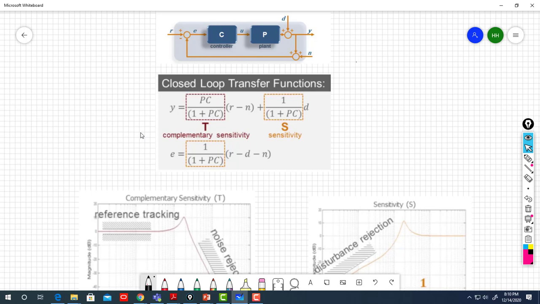So then I have 3 inputs r, d, and n. You have 3 transfer functions, so you add them together. The same methodology, you cancel d and n, and you keep only r, and you do e over r, etc. You do it for all, and you add them together. You end up having this, which is the sensitivity transfer function.